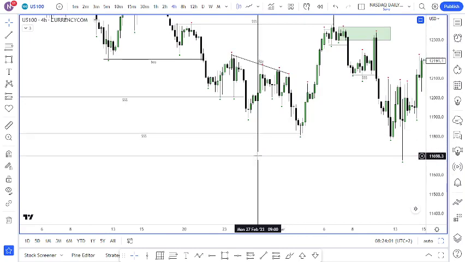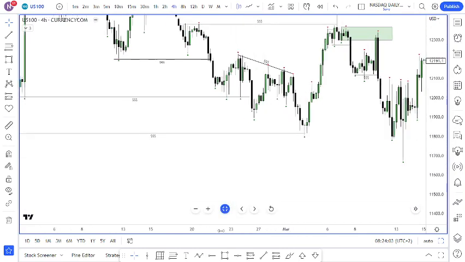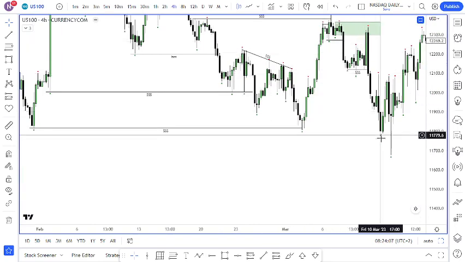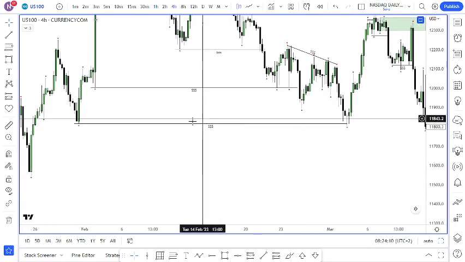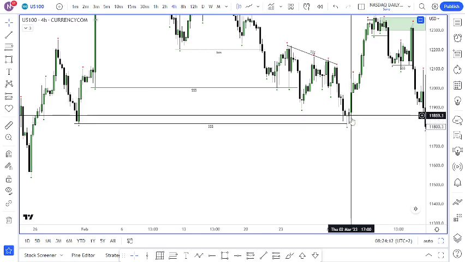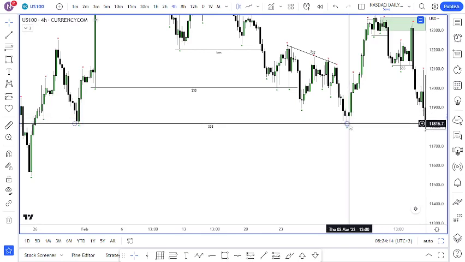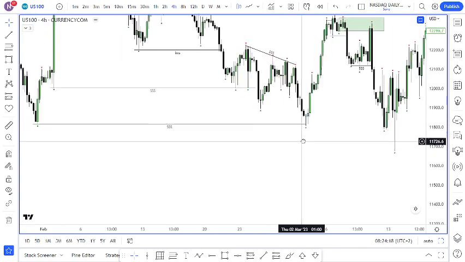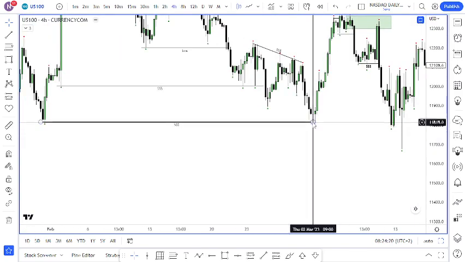Okay, and with this now, looking at when price comes down here, what do we have? We have a low that has been swept now, but it's only swept by a couple of pips, and it's still looking like relative equal lows.